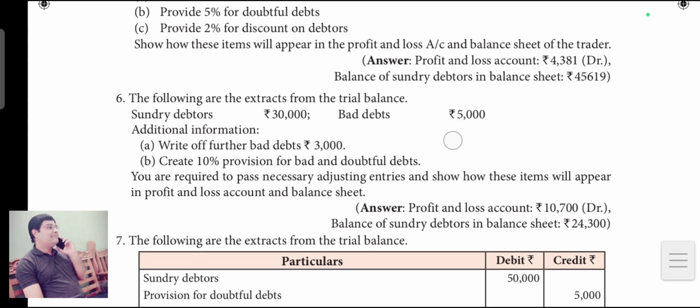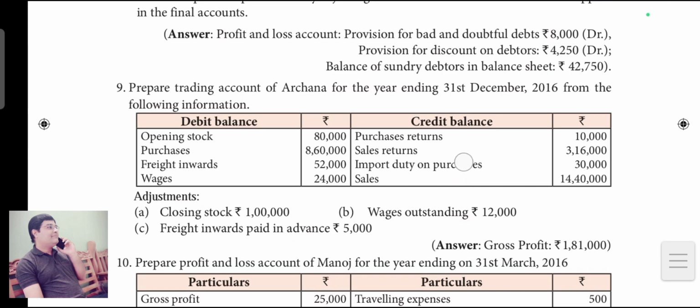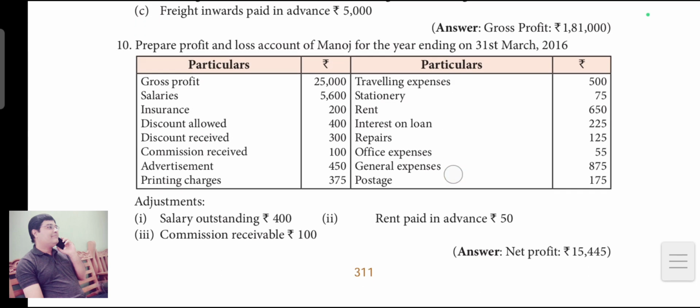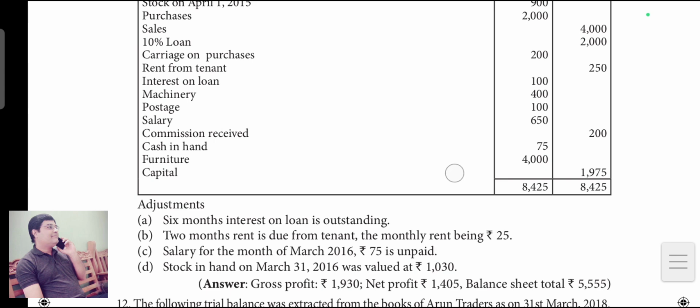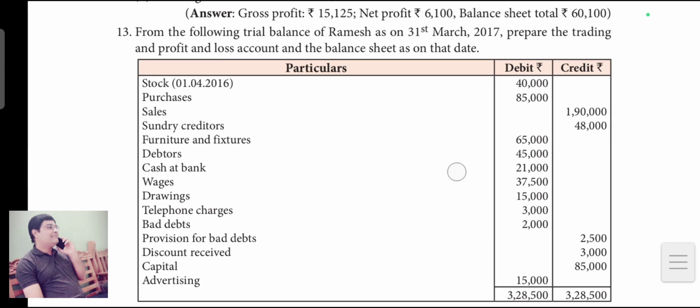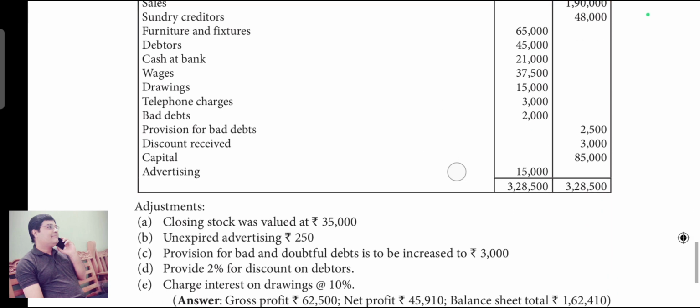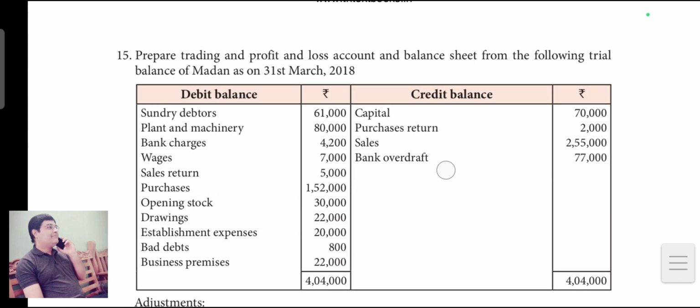Then sum number 6 and 7 is important. Then sum number 10. Sum number 13 is important.